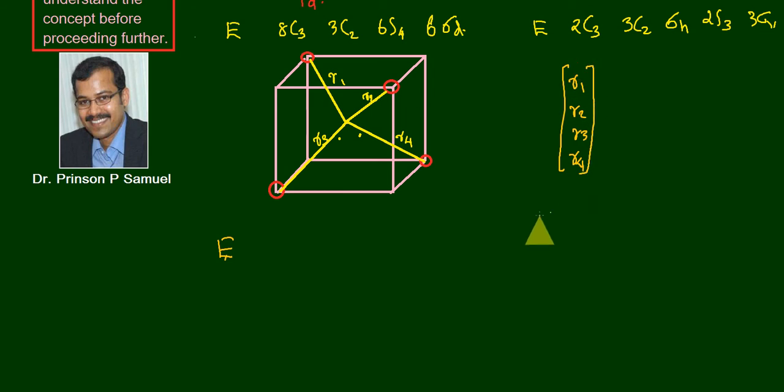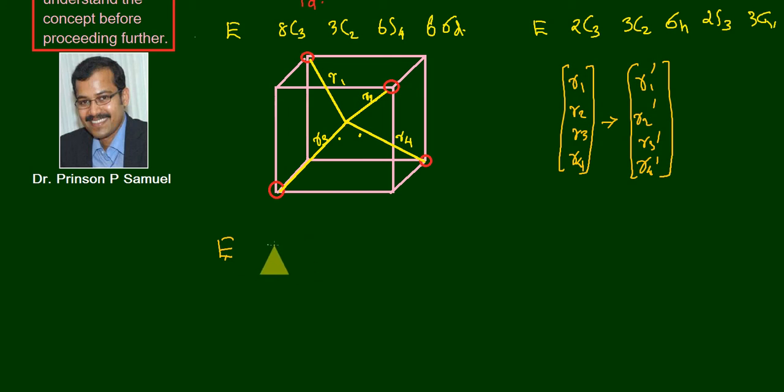This is represented by a matrix, and this matrix is transformed into another matrix, that is R1 prime, R2 prime, R3 prime, and R4 prime. These are the transformations.